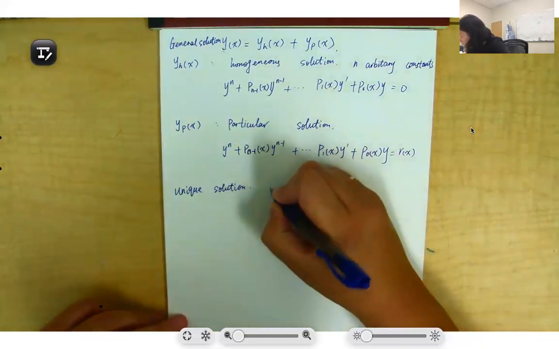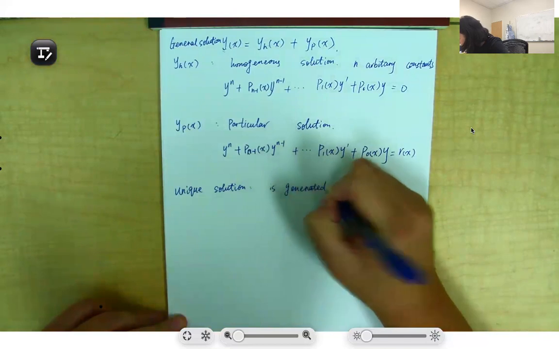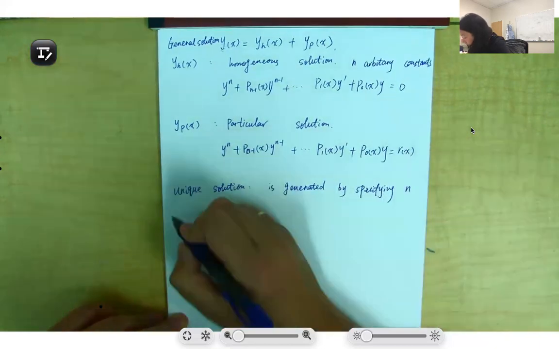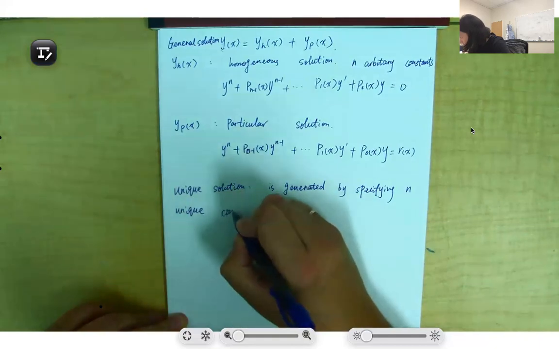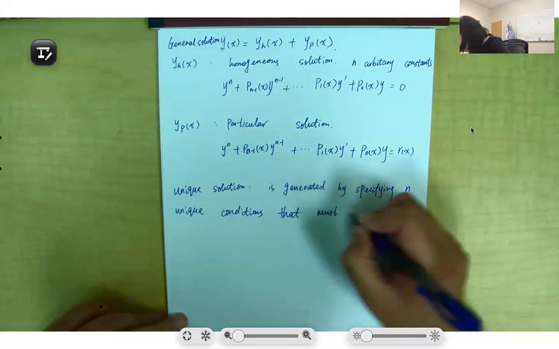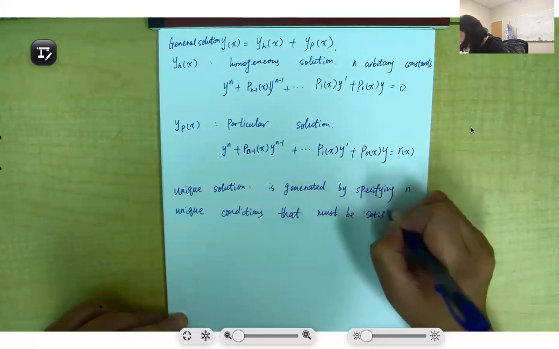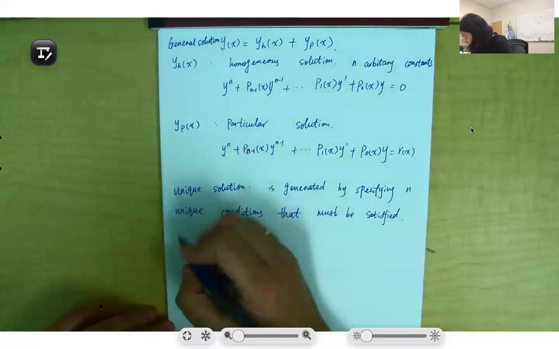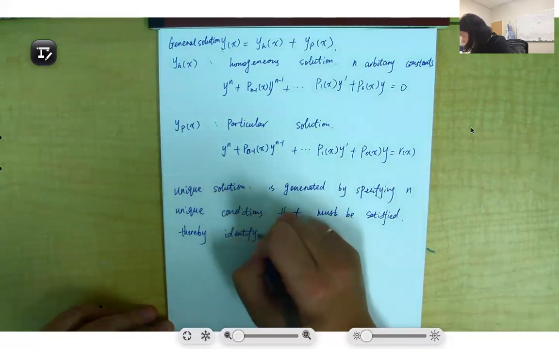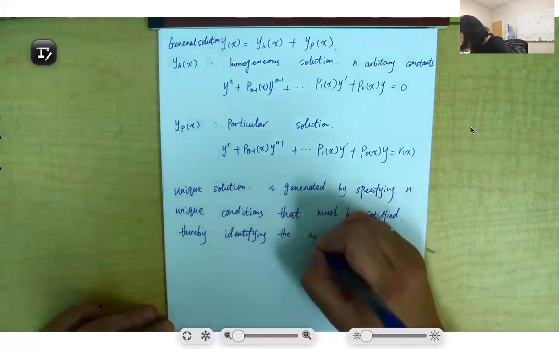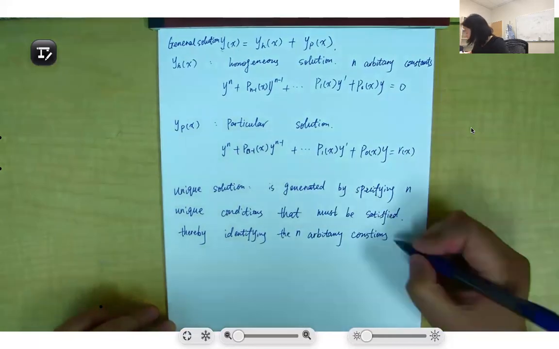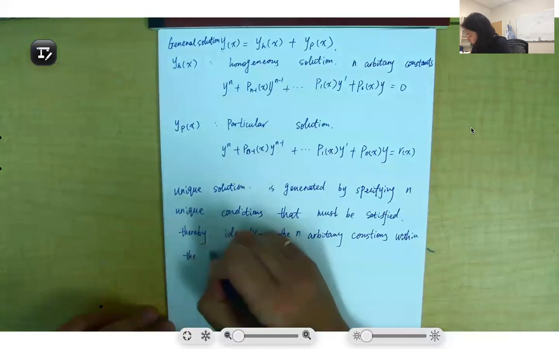So that is generated by specifying unique conditions that must be satisfied, thereby identifying the arbitrary constants within the homogeneous solutions.